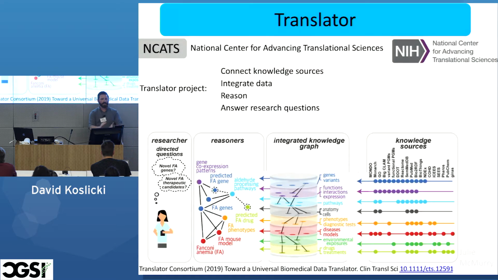With the whole goal of this thing being able to answer clinician questions. So if somebody comes in with a certain set of symptoms, maybe recorded in their EHR, and they have these sorts of genotypes, can we then throw it at one of these big integrated systems to get some sort of idea of how we might answer researcher-directed questions?